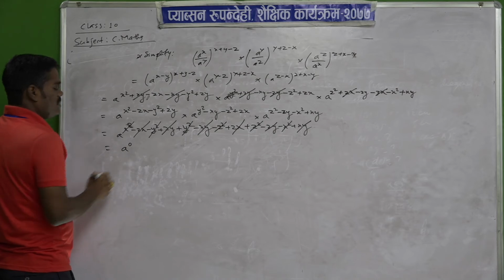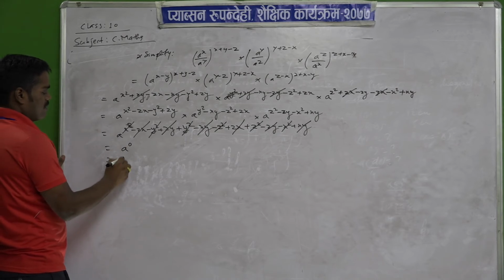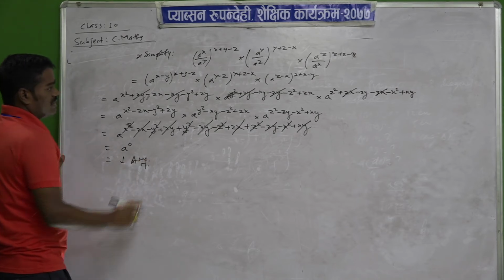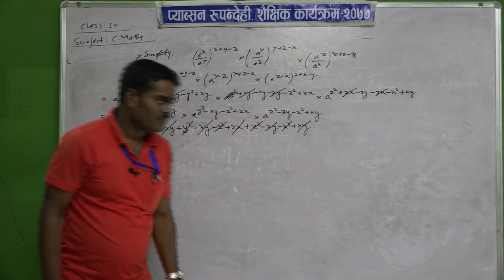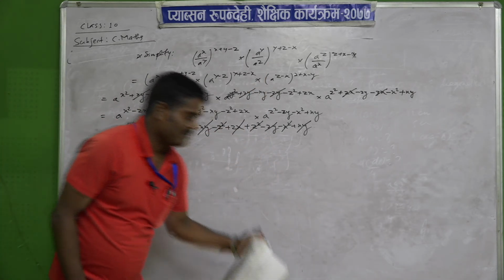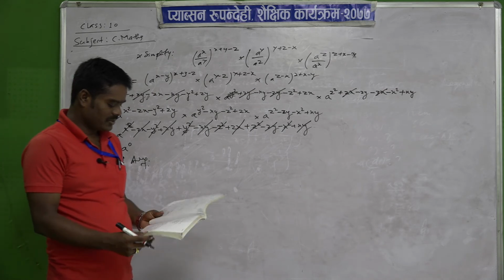So what will be left? 0. So a power 0 means what? 1. a power 0 means 1. So in this way we have to solve the problem, let's see the next question.